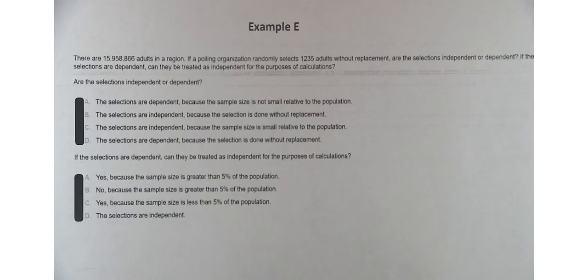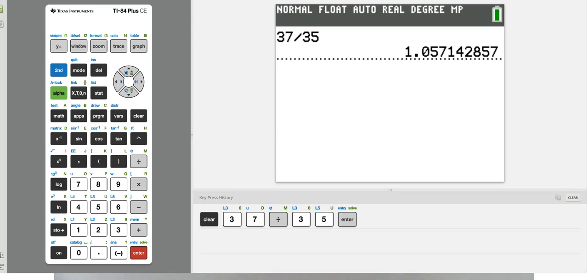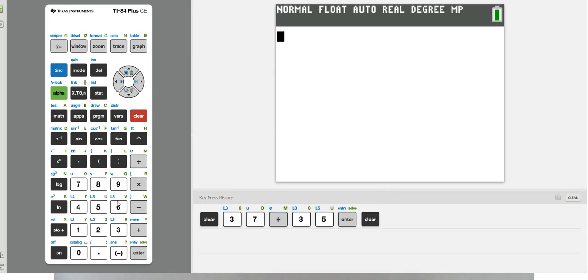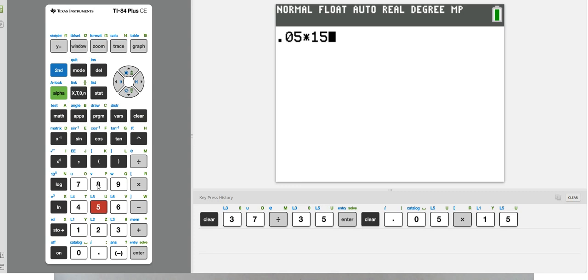So let me just help out a little bit here. Let's calculate 5% of 15,958,866. So 5% is 0.05 times that number.